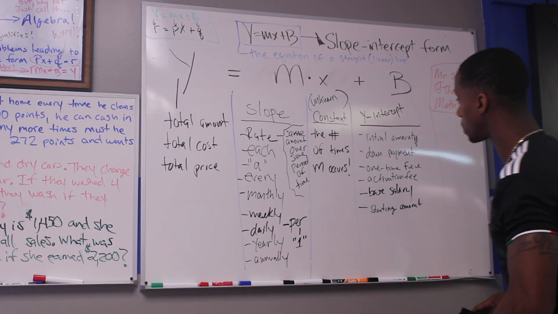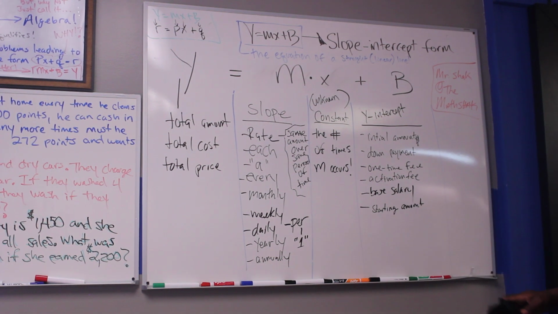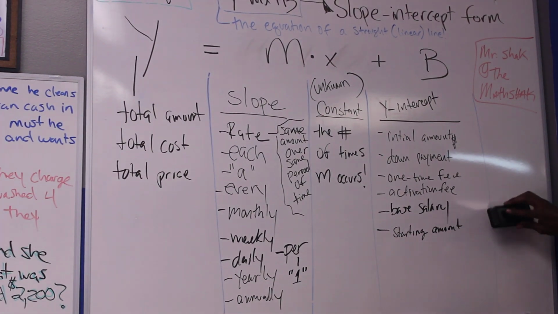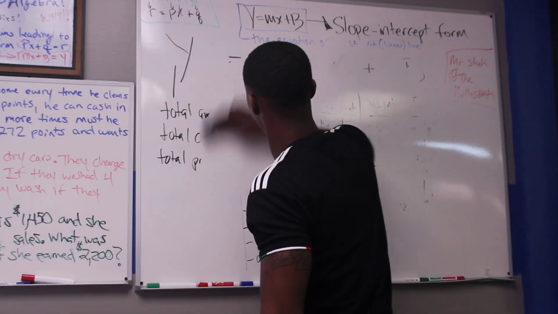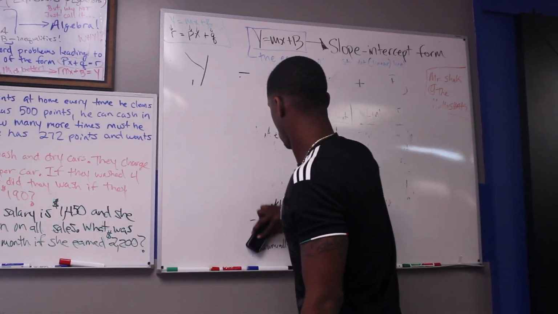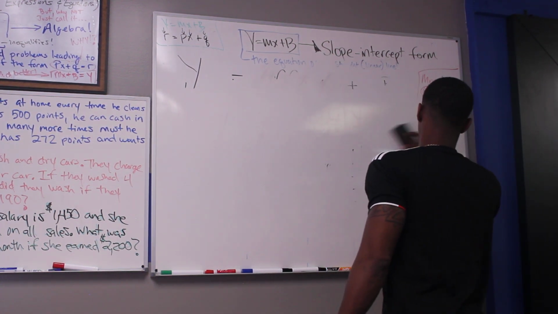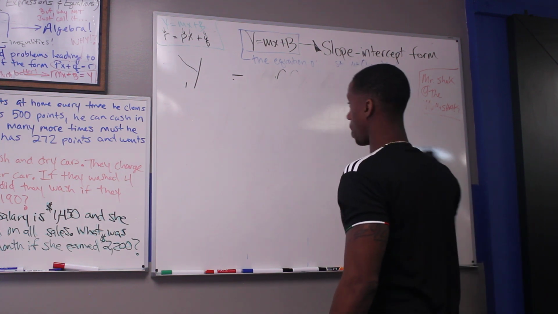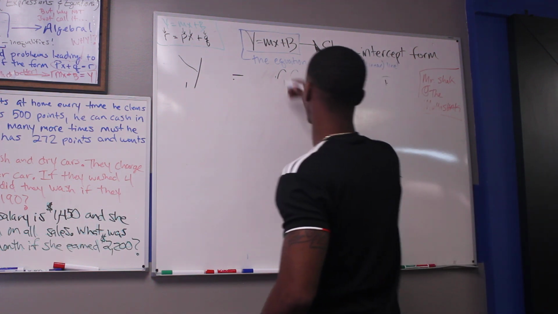So with that being said, if you guys want to get one last photo of that, or screenshot it, do that, because I need to use the board. I'm actually going to leave the y equals mx plus b. I'm going to put that back and show you how this relates to our word problems.